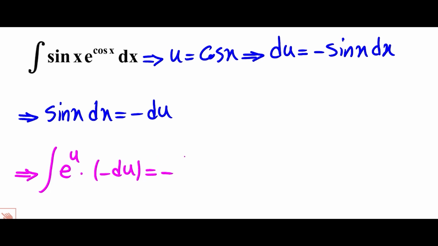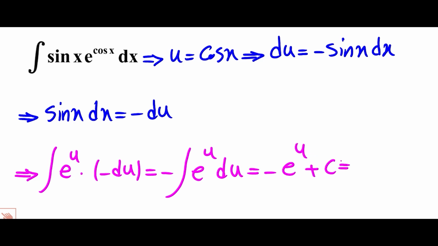So we have negative the integral of e to the u du, and as you know, the integral of e to the u with respect to u equals e to the u plus c, where u equals cosine of x. So we get negative e to the cosine of x plus c.